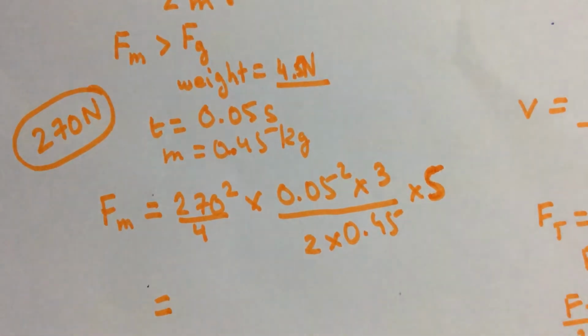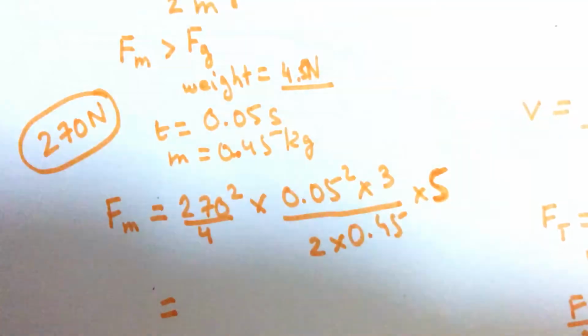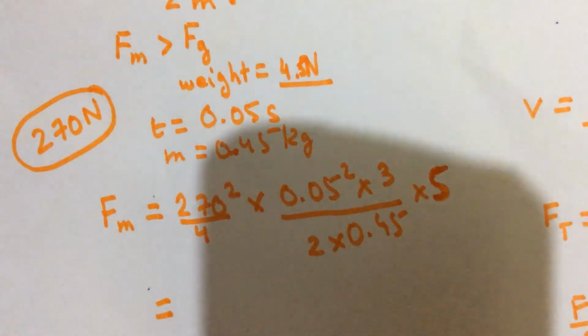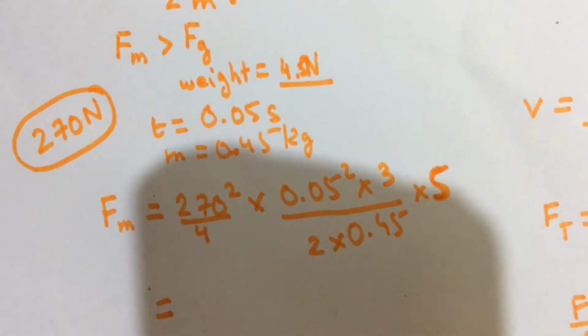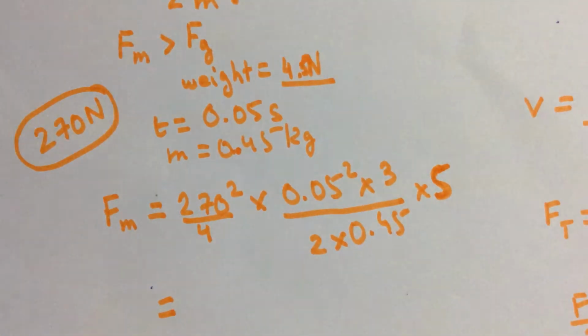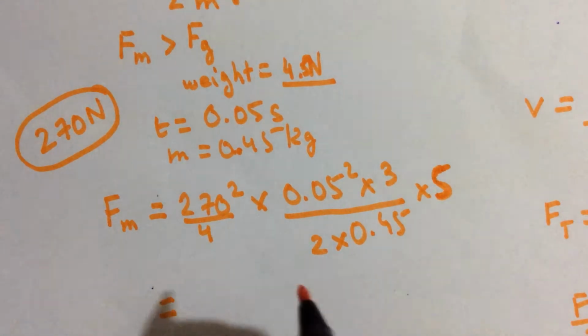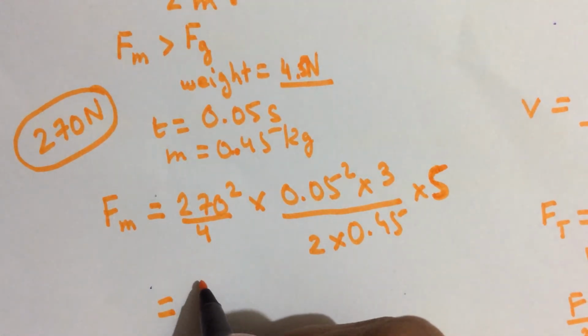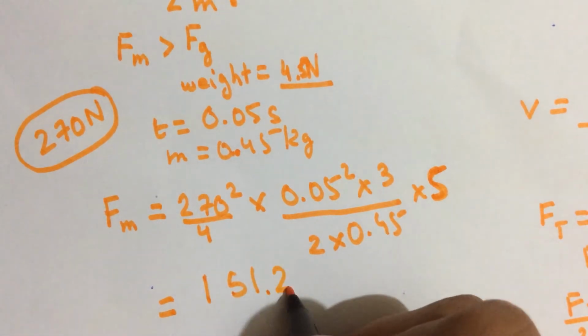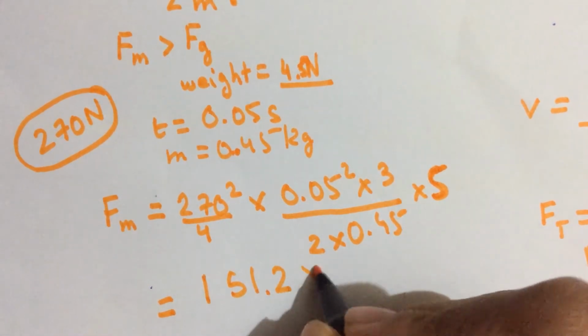So 0.56 into 270 over 15 point... this comes around 151.2 into s.